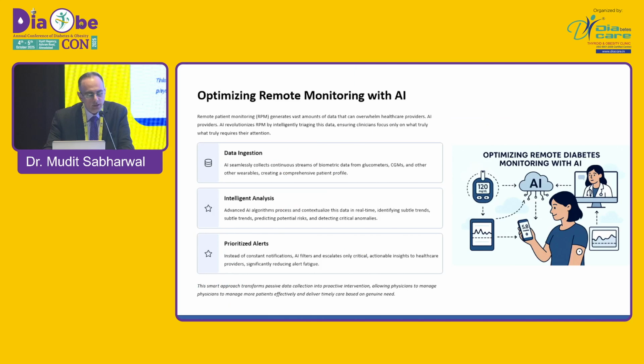Now, again, coming down to the data which we are surrounded by. There is data ingestion, where AI seamlessly ingests all the data from blood pressure monitors to CGMs to blood glucose monitors, etc. Then it analyzes in an intelligent manner, more contextualized in real time, identifying subtle trends and predicting the potential risks the patient may have, in a kind of predictive analytics, and then prioritizing the alerts as per the patient's requirement, based on the insights collected from that particular data.